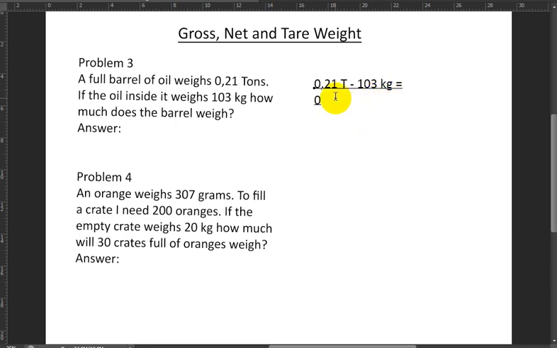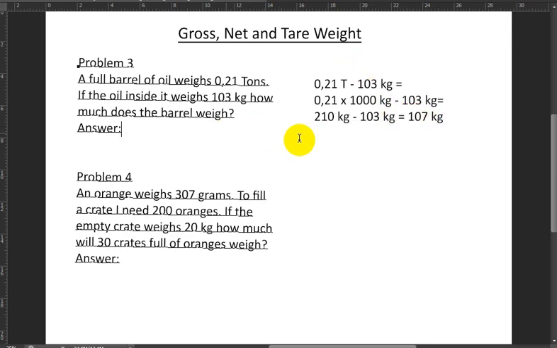So I need to do 0.21 times 1,000, and it becomes kilograms, minus 103 kilograms. 0.21 times 1,000 will give me 210 kilograms, minus 103 kilograms. And this subtraction is going to give me 107 kilograms.